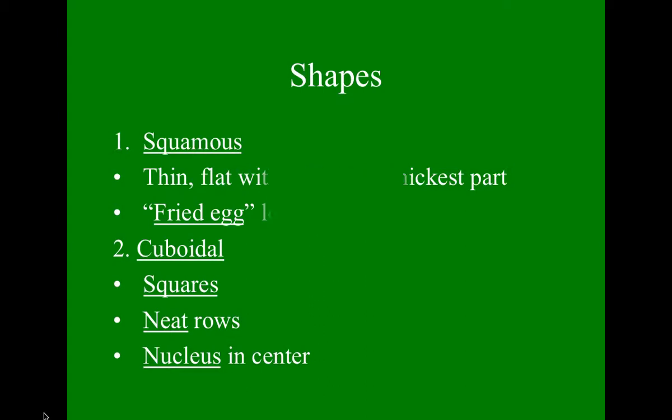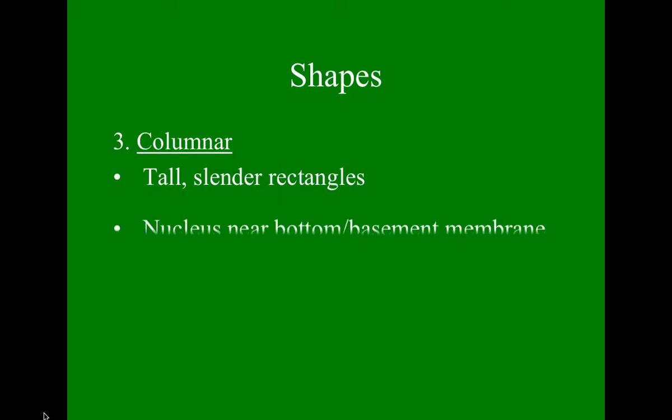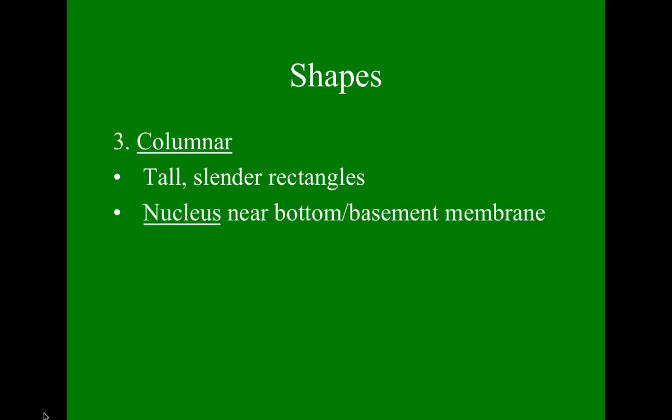The third option is a columnar configuration. These are tall, slender rectangles. The nucleus does tend to be near the bottom, down near the basement membrane, but it doesn't have to be. Sometimes you will find that it's kind of floating out in the middle.